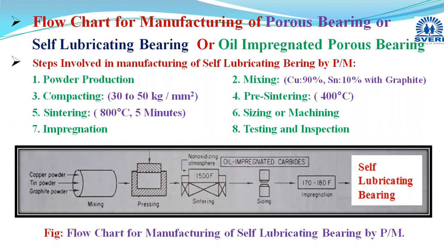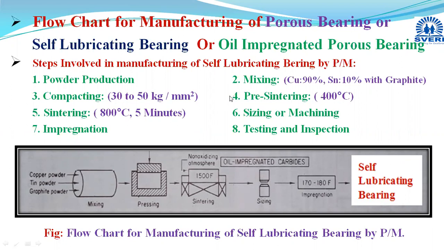So after completing this compacting process, the component obtained is termed as compact or green compact, and it is subjected to the next stage, that is sintering. Now here sintering is done in two steps. I have added one step here, pre-sintering and the actual sintering method.